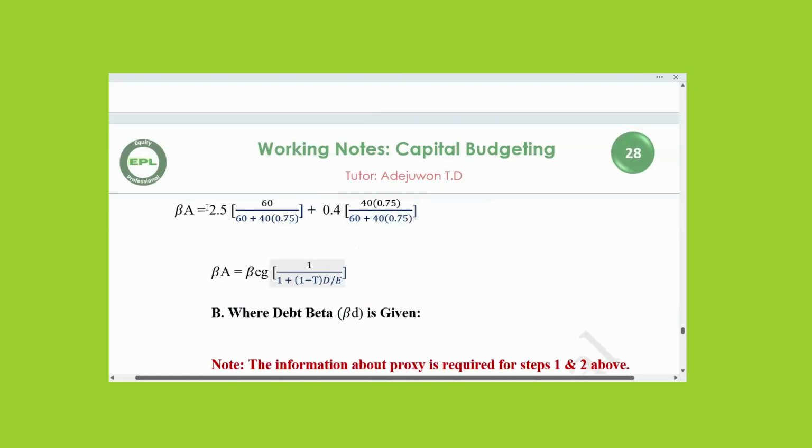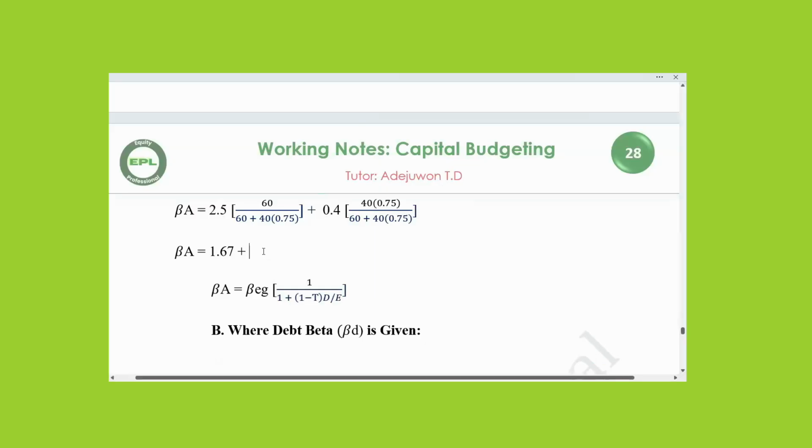Okay. Asset beta. Let me copy this. Asset beta equal to, you said 1 point what? 67. Then plus the one on the right. What do you have there? 0.13.